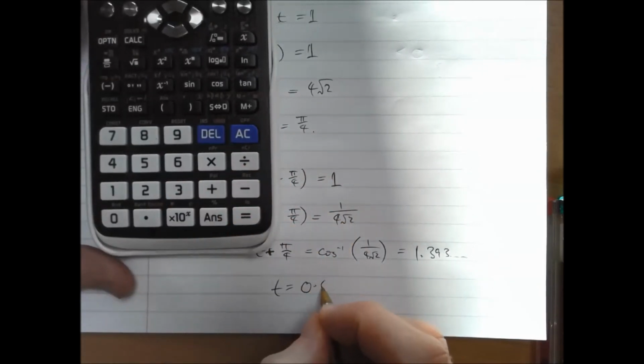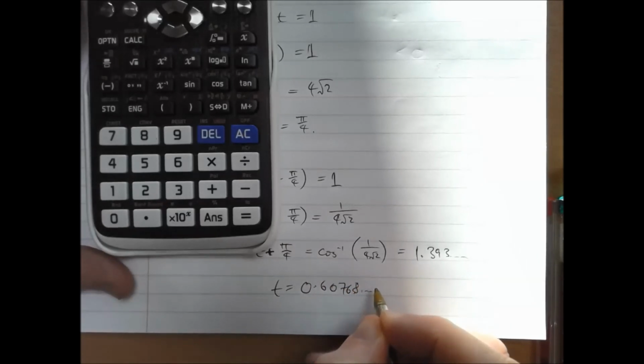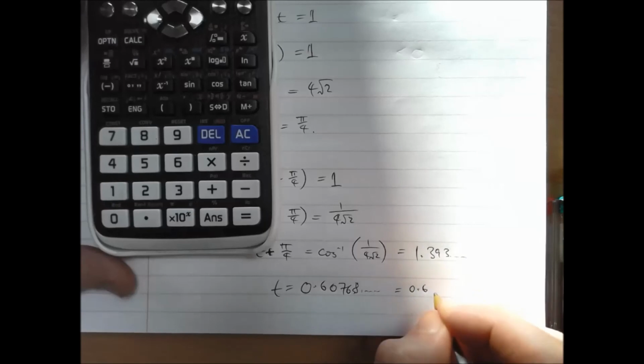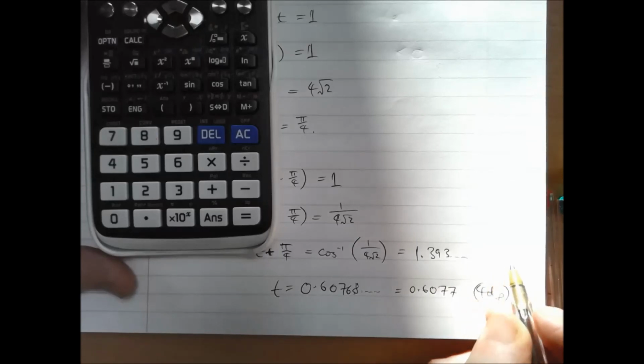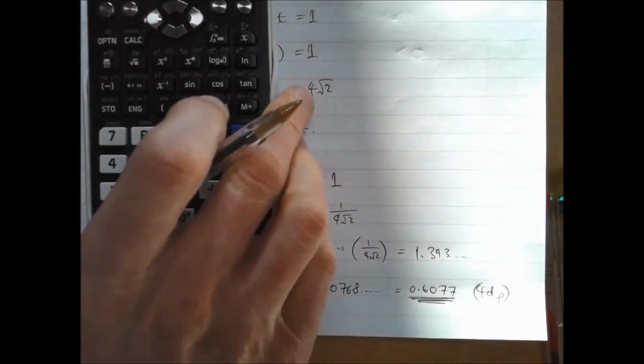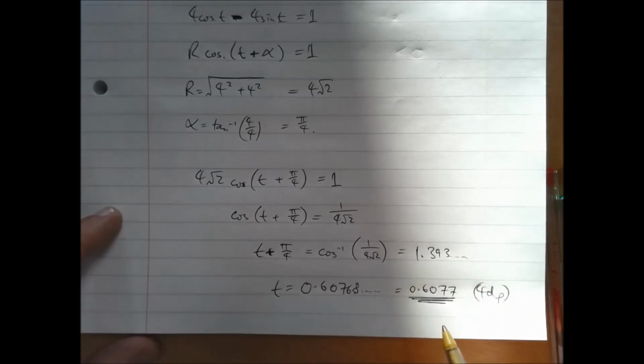And we get 0.60768, etc. Okay, and 0.6077 to 4 decimal places as required. And then just double check the domain. Well, that's okay. That's between the two values given.